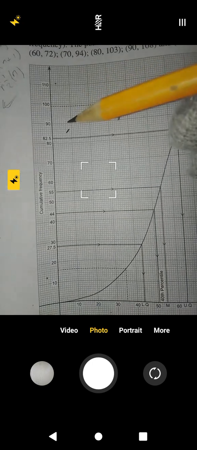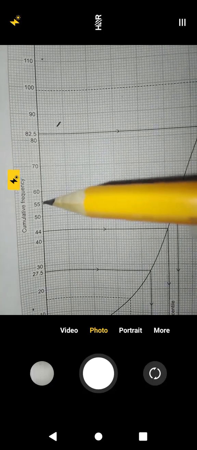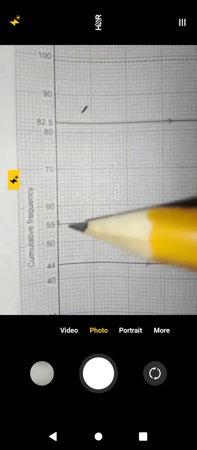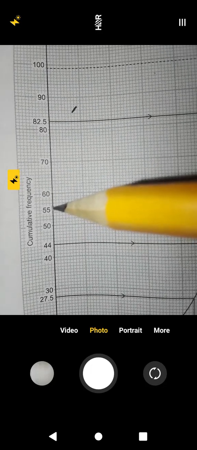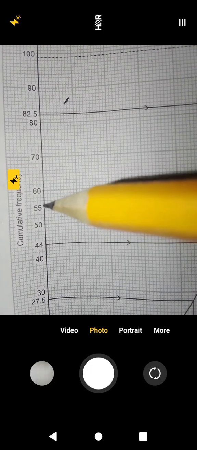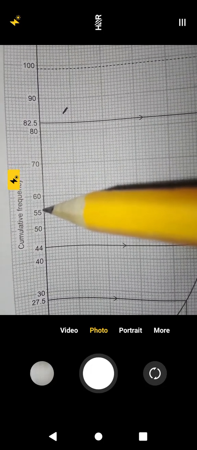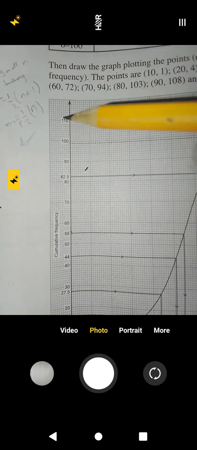And then on our diagram, the 55.5 position is right about here, and you can see that 55 and 55.5 lie just about the same position. So in other words, this is a large n.